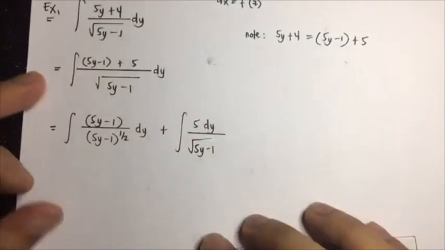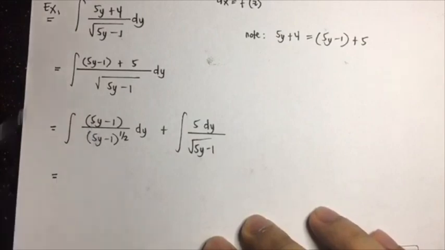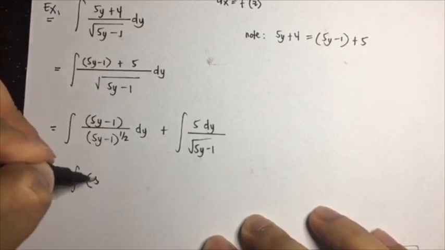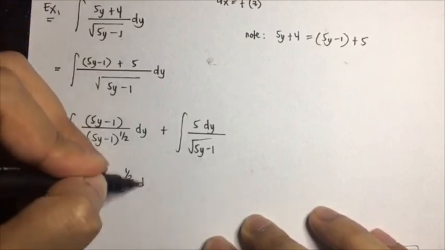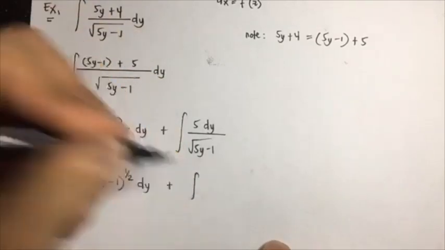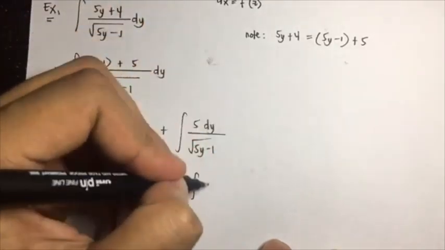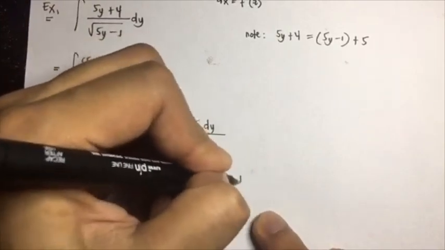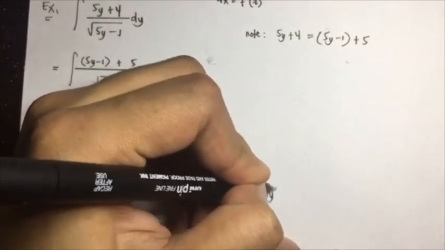With that, we can simplify this. This will become the integral of 5y minus 1 raised to 1 half, and then this will have the integral of 5y minus 1 raised to negative 1 half, and then 5 dy.